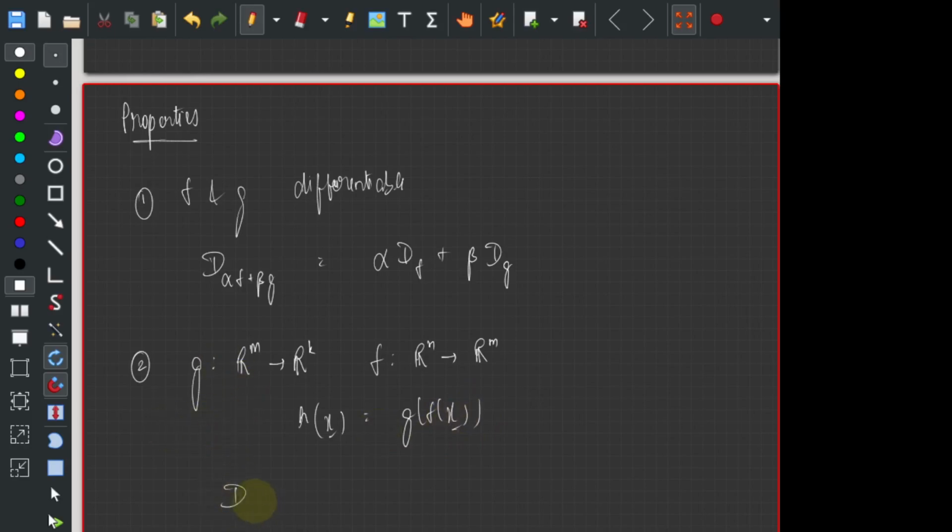Then the derivative of h evaluated at x is simply the derivative of g evaluated at f of x times the derivative of f evaluated at x.